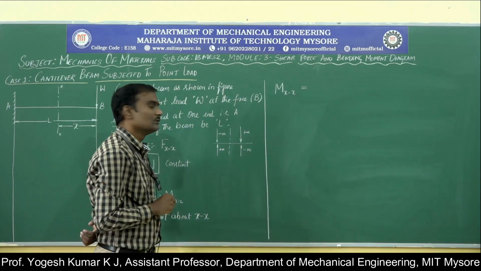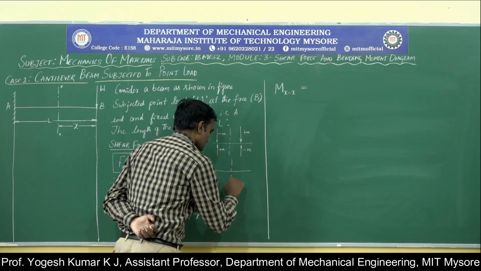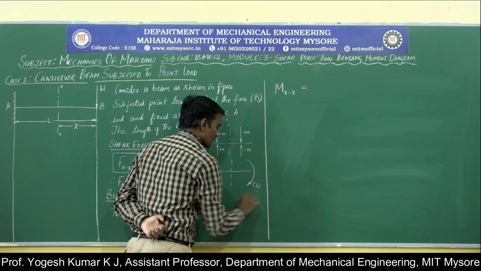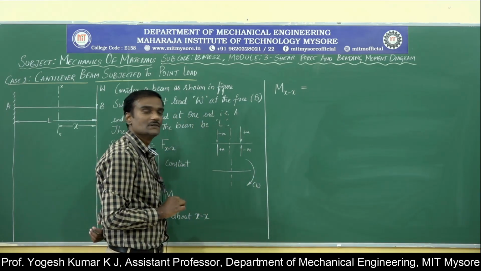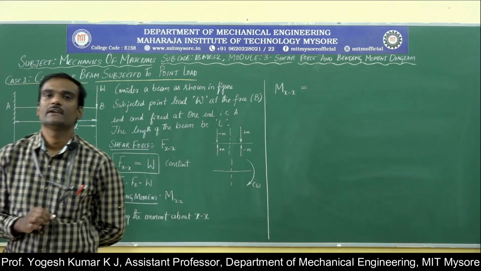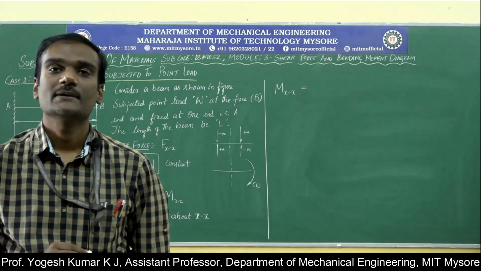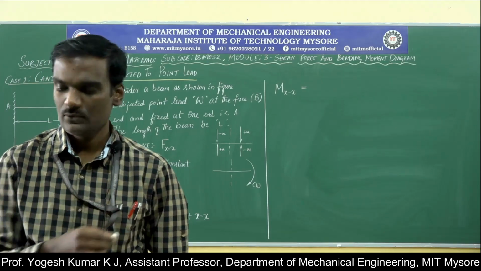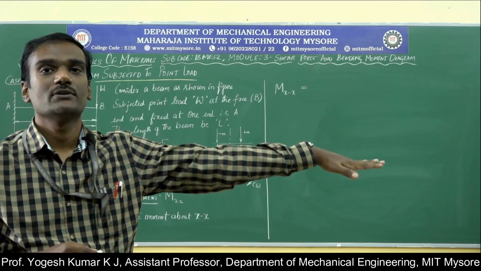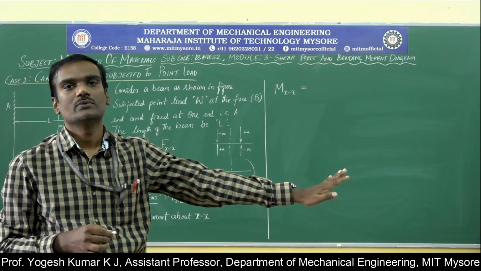Again, please look into the sign convention that we have followed. We have a section. If the moment is clockwise, then it will produce a negative value, and also we should observe what type of effect it is going to give. If it is going to produce a sagging effect, then its value will be positive.